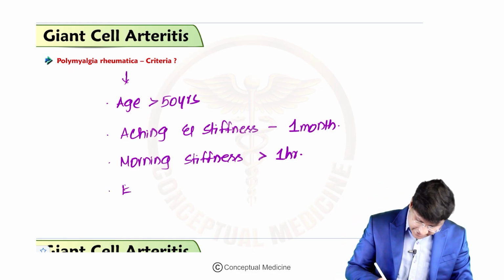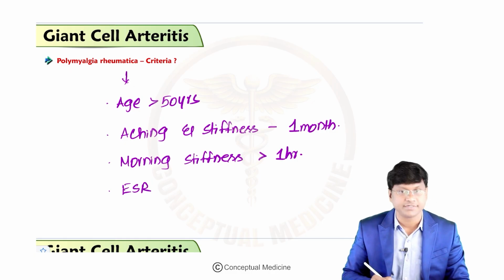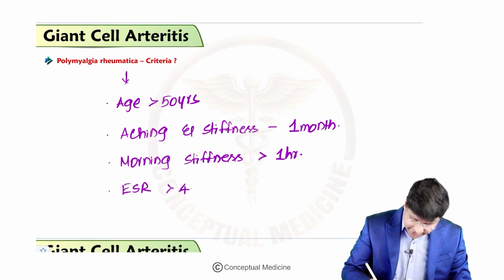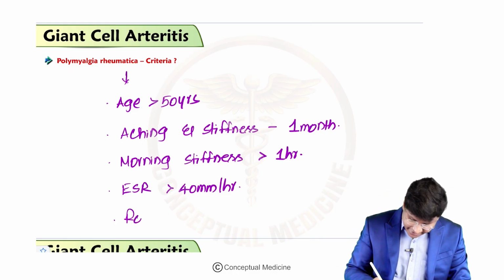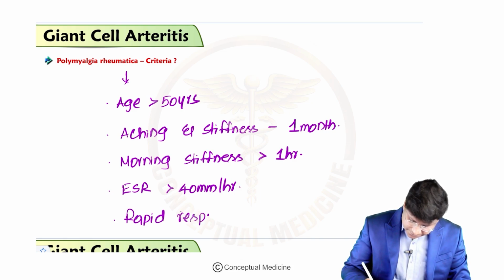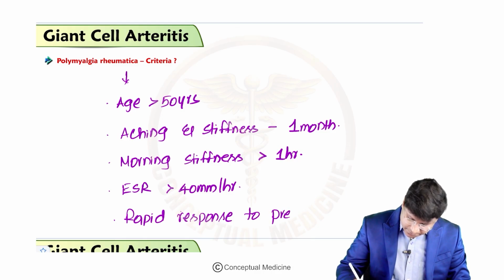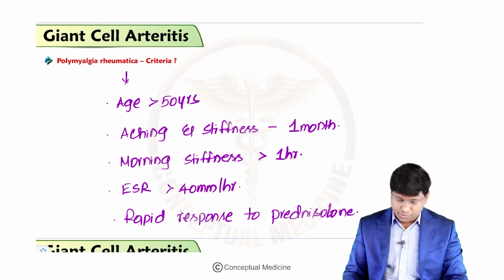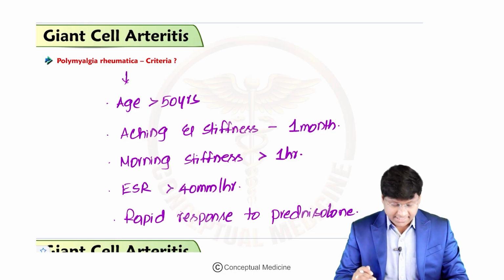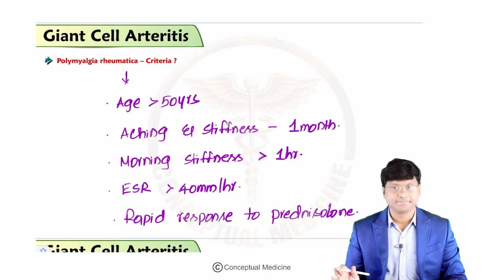And the ESR, that is erythrocyte sedimentation rate, should be more than 40 millimeters per hour. And there should be a rapid response to prednisolone. So that is the criteria of polymyalgia rheumatica.